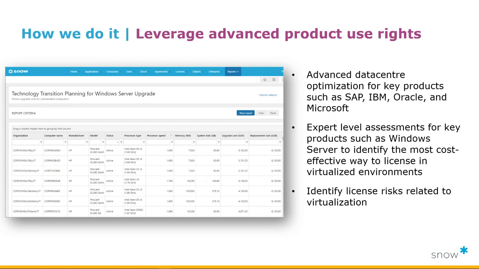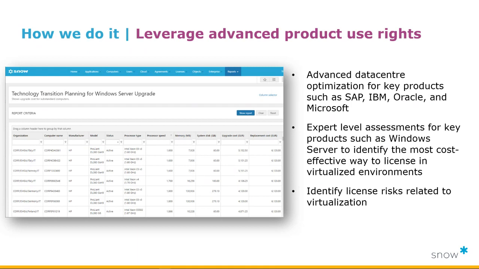And these are typically really expensive applications. And shortly, I'll also show you something around Windows Server assessments. And for the likes of 365 and Adobe, we provide enhanced optimizations as well as with IBM, Oracle, and SAP.